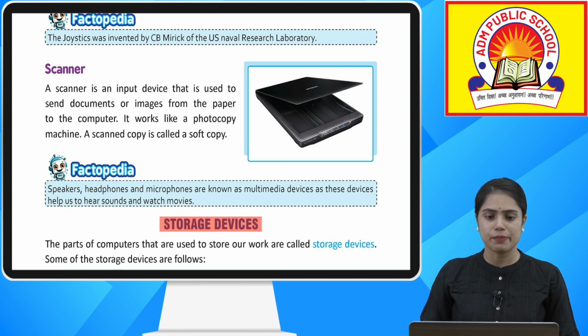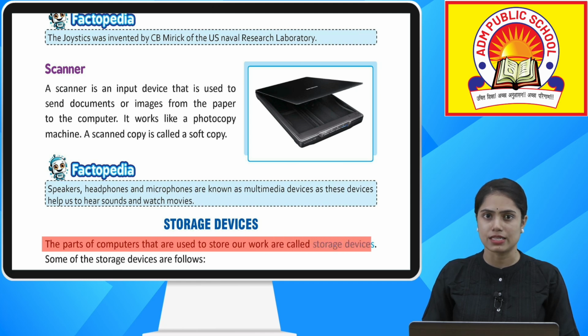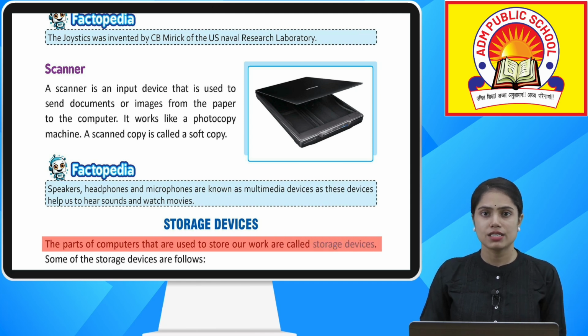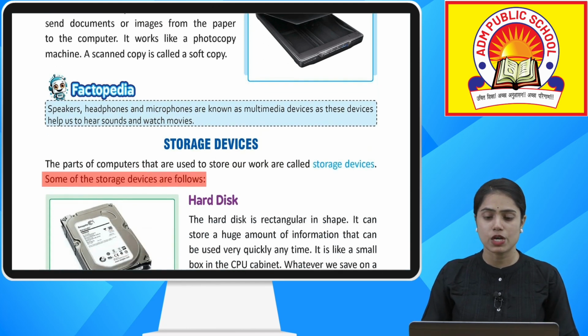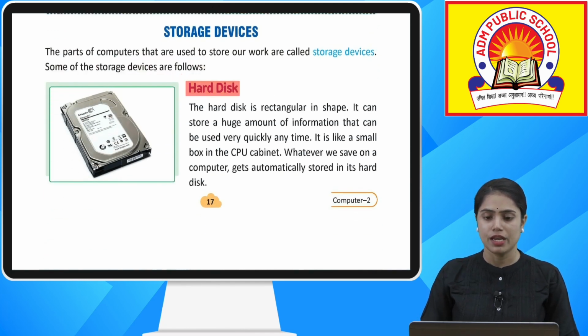Storage devices. The parts of computer that are used to store our work are called storage devices. In storage devices, we store the data. Some of the storage devices are as follows. The first one is hard disk. The hard disk is rectangular in shape.